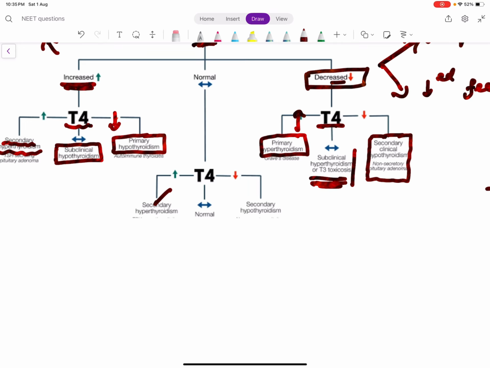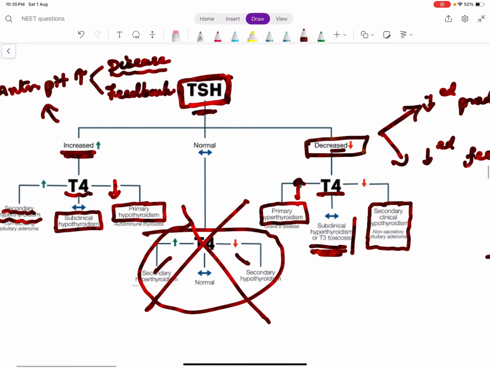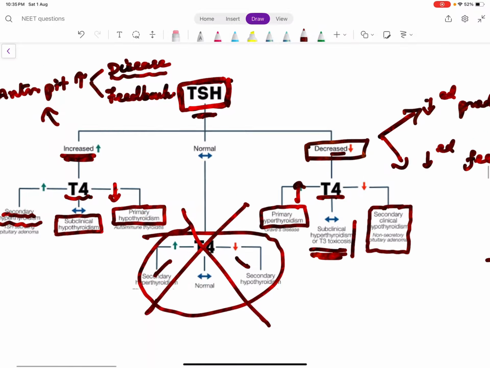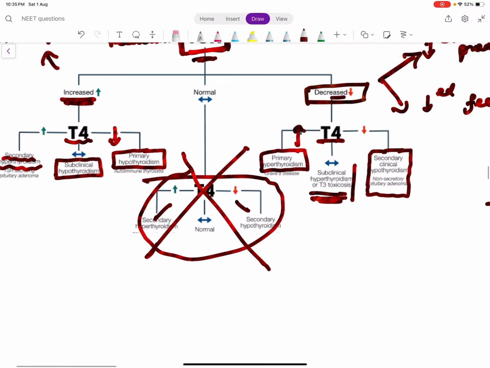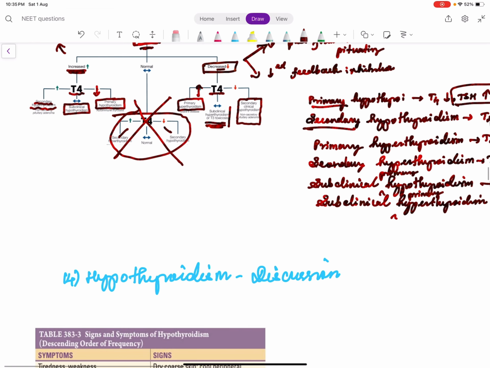TSH will be normal, but T4 will be low in secondary hypothyroidism. Maybe this is actually a PG level discussion. I don't think they'll keep it for undergraduate examinations. But actually, a low T4 or a high T4 with a normal TSH is also secondary. Okay.